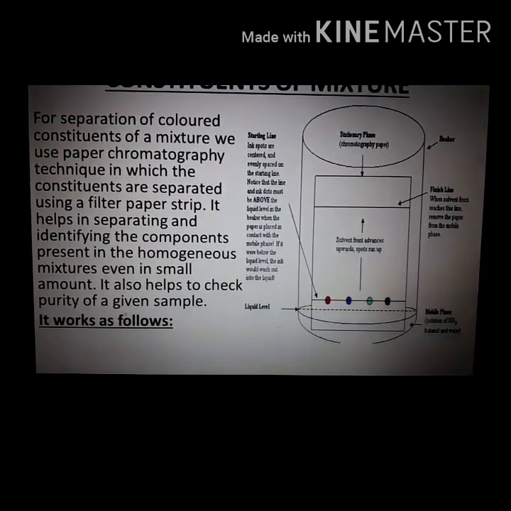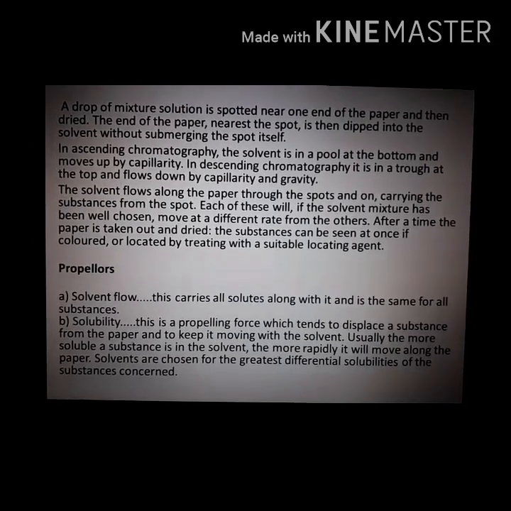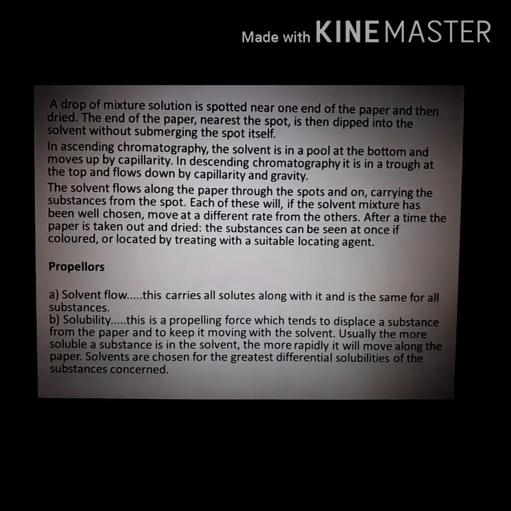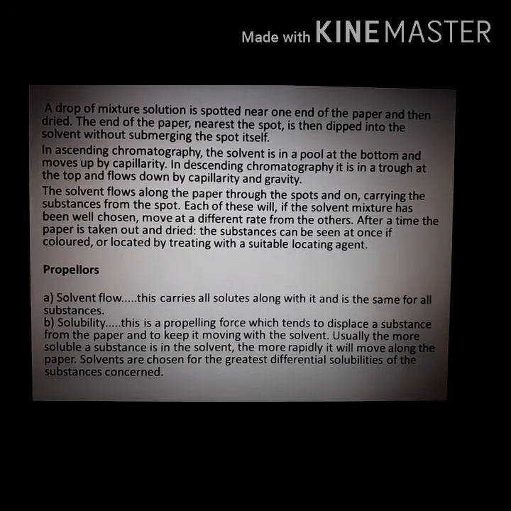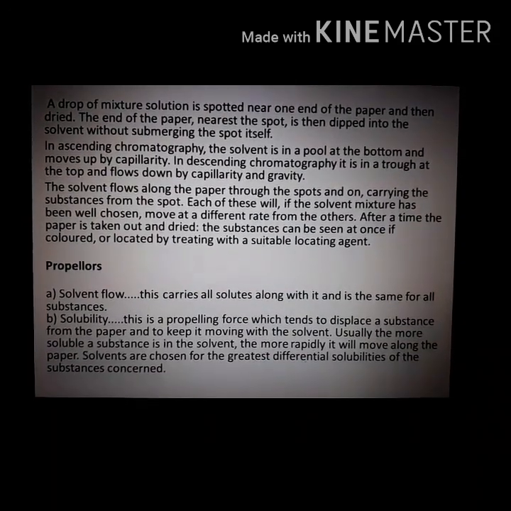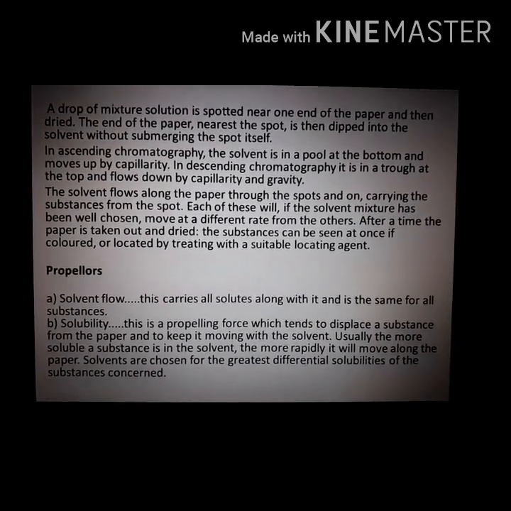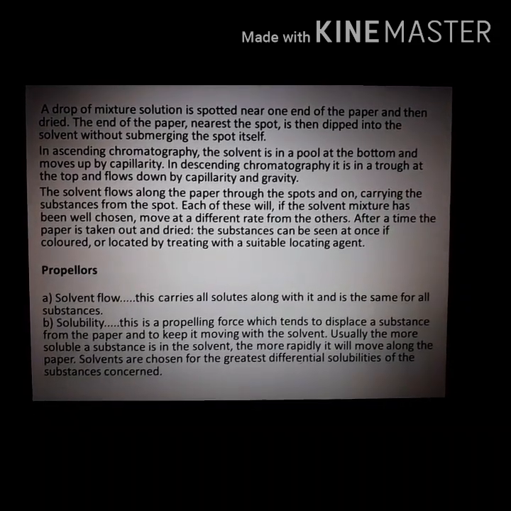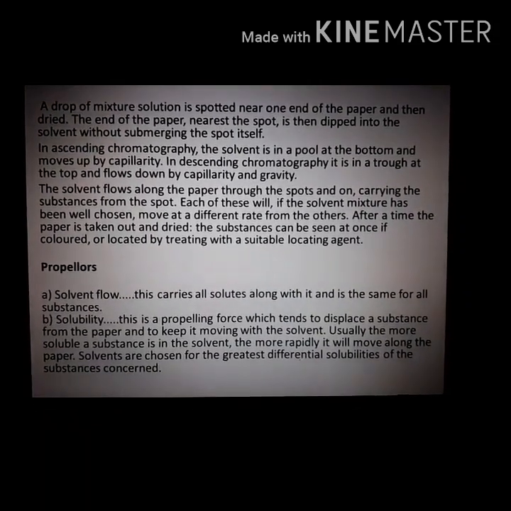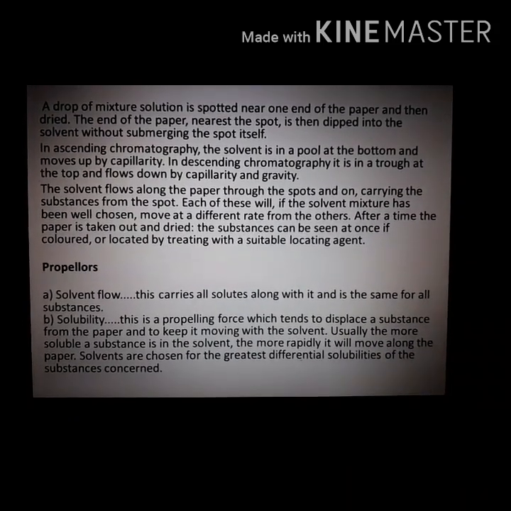Now let's discuss how it works. A drop of the mixture solution is spotted near one end of the paper and then dried. The end of the paper nearest to the spot is then dipped into the solvent without submerging the spot itself. By capillary action the constituents of the ink start moving upwards, and we see how many colors are used to make the particular ink drop.